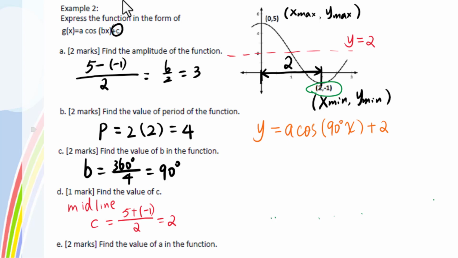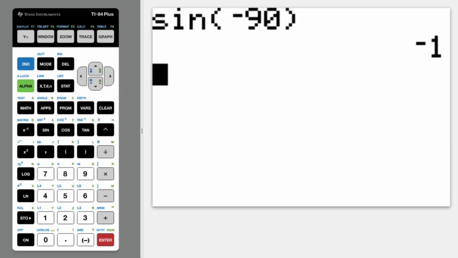We will use either maximum point or minimum point to figure out this A. We are given 0, 5 as a maximum point. We substitute 0 for x and 5 for y. We get 5 equals A cosine 90 degree times 0 is 0 plus 2. Go to calculator.